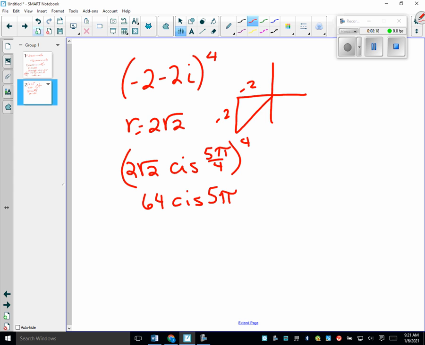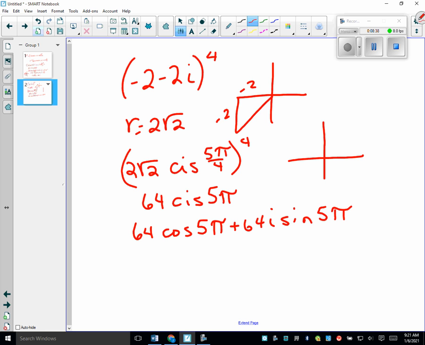Y'all agree? Okay, so it's 64 cosine 5 pi plus 64i sine of 5 pi. Guys, 5 pi is just big, it's just 2 of these, isn't it? So it's equal to pi.